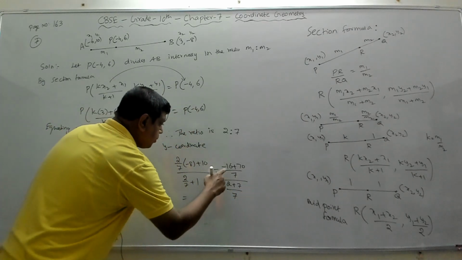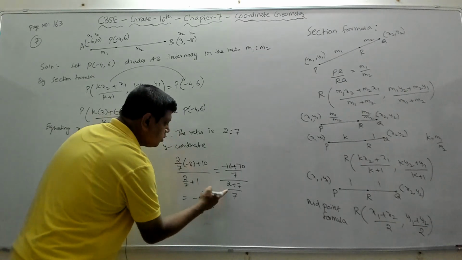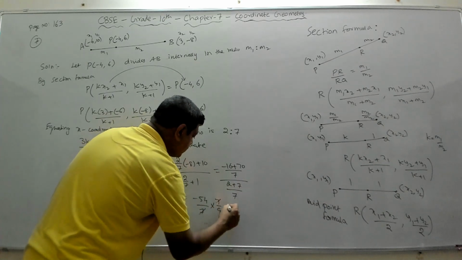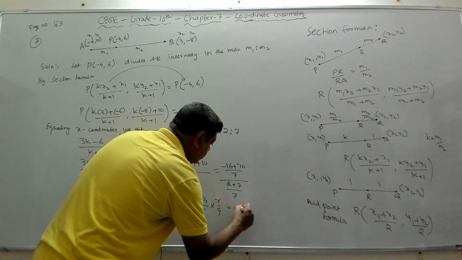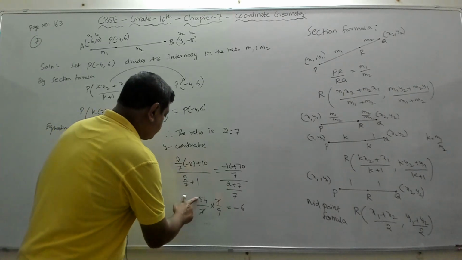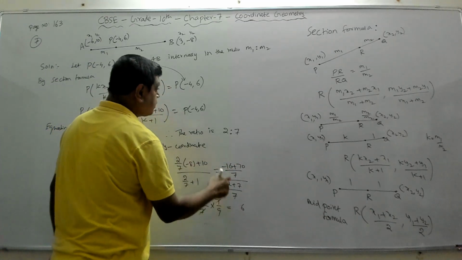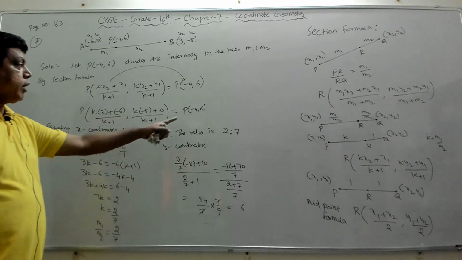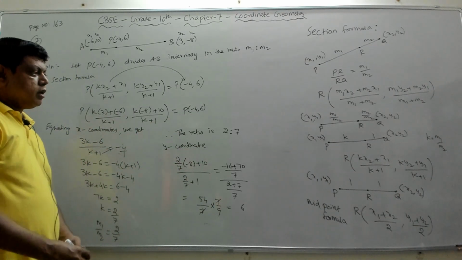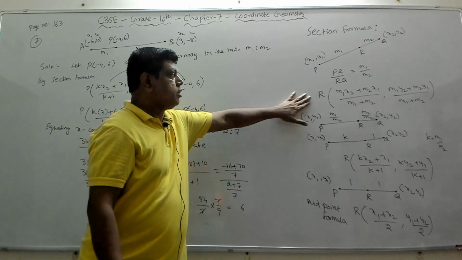So this will become 54 by 7, divided by 9 by 7, which becomes 7 by 9 because of the fraction division. 7 will get cancelled. Minus 16 plus 70 is plus 54. 54 by 9 gives you 6, which matches with this y coordinate. So your y coordinate is matching. So this is another way we can find the ratio. We can use this formula to find the ratio, or we can use this formula.